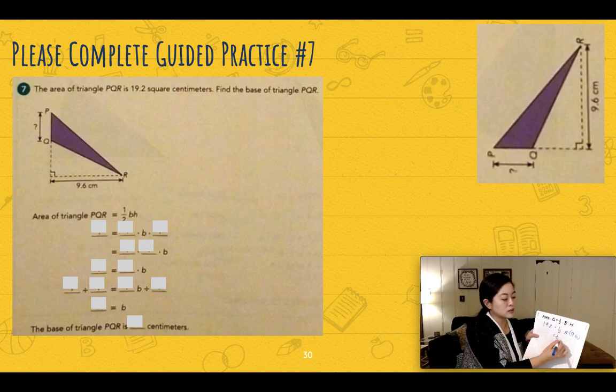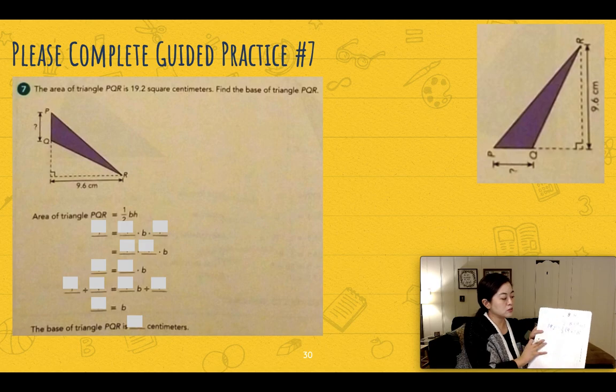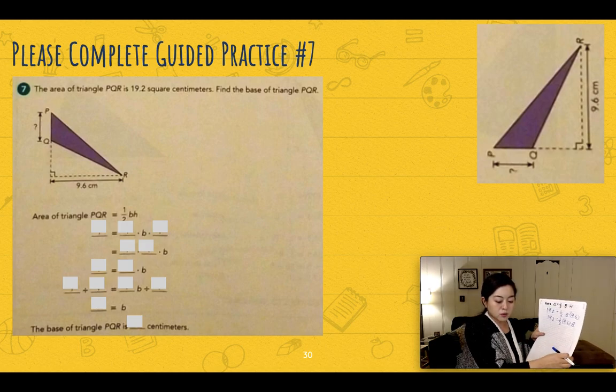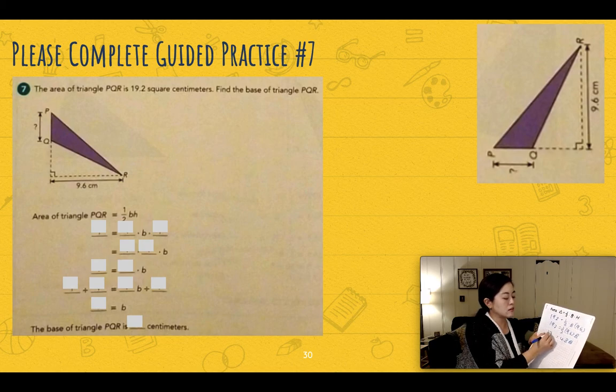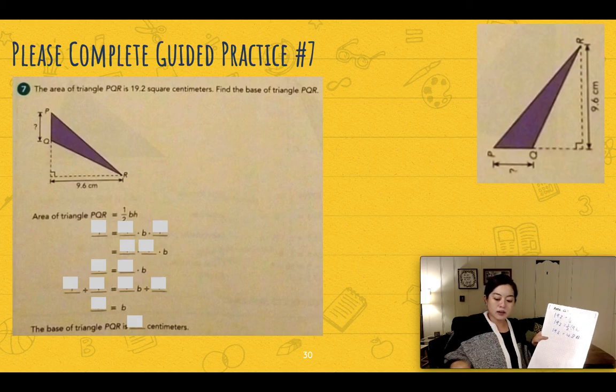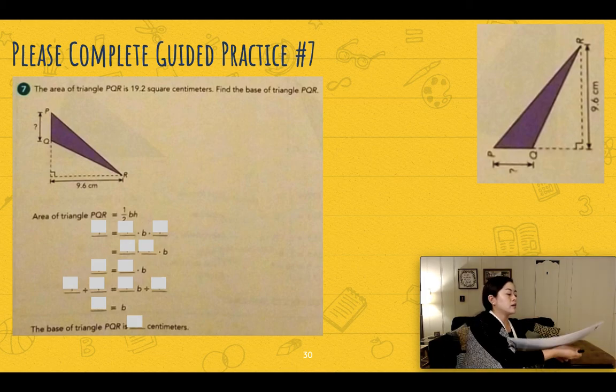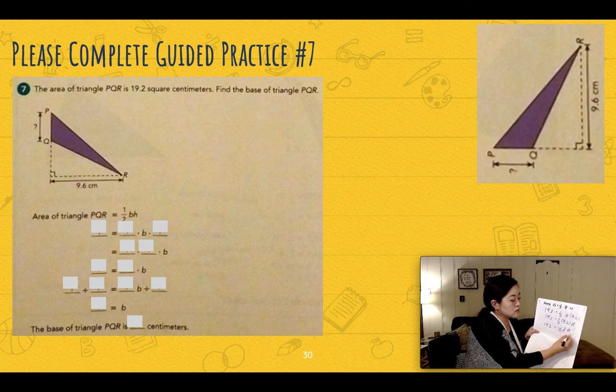So I'm going to move this around. Okay, 19.2. Okay. And then what is half of 9.6? Well, that's 4.8. Okay. And I want b by itself. So I'm going to undo this multiplication here by dividing by 4.8.